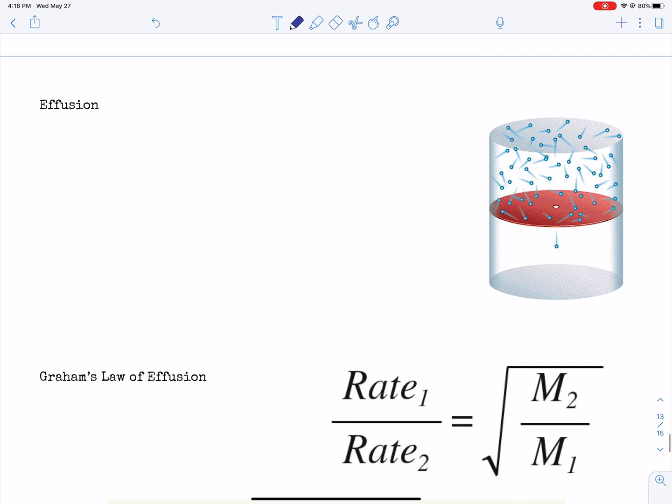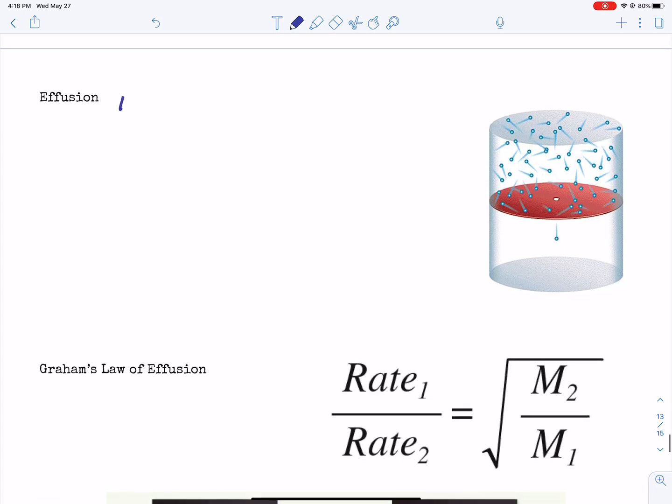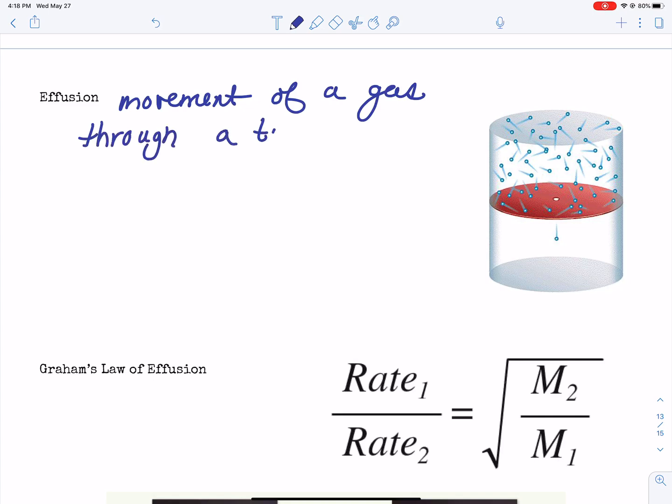Effusion is probably one that you have not heard of before because effusion is very specific to chemistry and very specific to gases. It's the movement of a gas through a tiny hole. This is the classic example of this, a balloon.